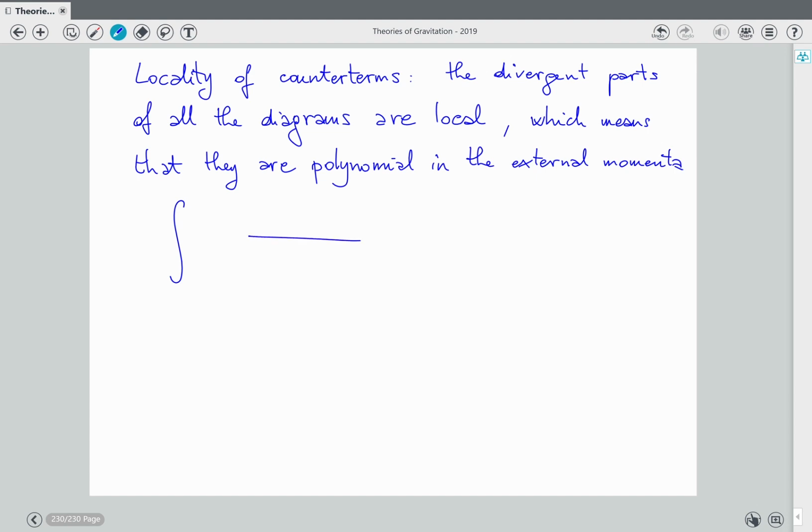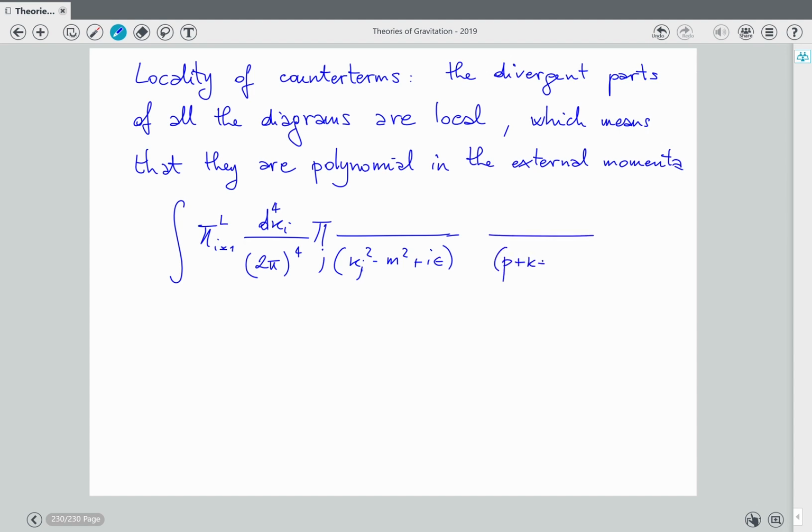You can have many loops, say L loops, many loop momenta, then you will have many propagators, with external momenta.